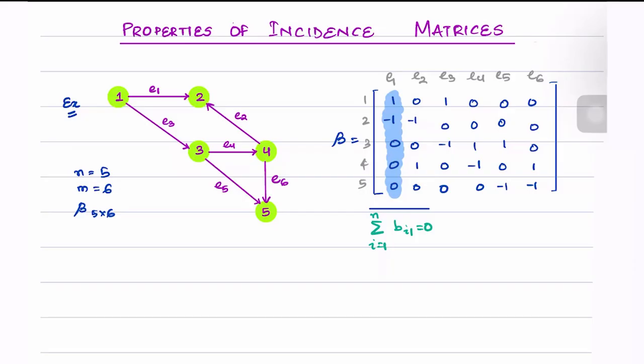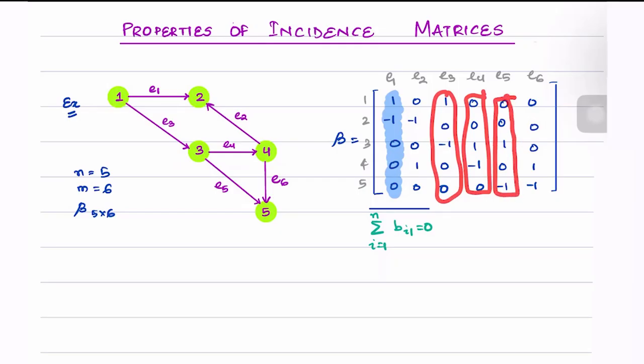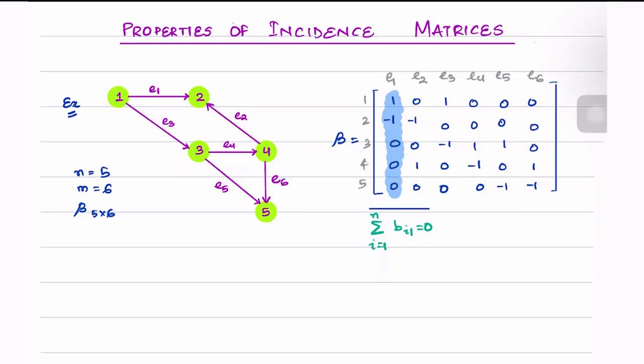Meaning the column sum of the first column is equal to 0. If you observe, the sum of entries is 0 for every other column as well. This is 0, this is 0, and similarly, this is 0. The last one also adds up to 0.